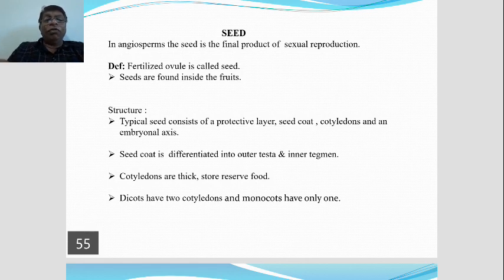Dicots have two cotyledons, you know that, whereas monocots have only one cotyledon. You can see the diagram of a dicot seed with two cotyledons. Mostly it is a bean seed because the shape of the seed is bean-like or kidney shape. Okay. Next.